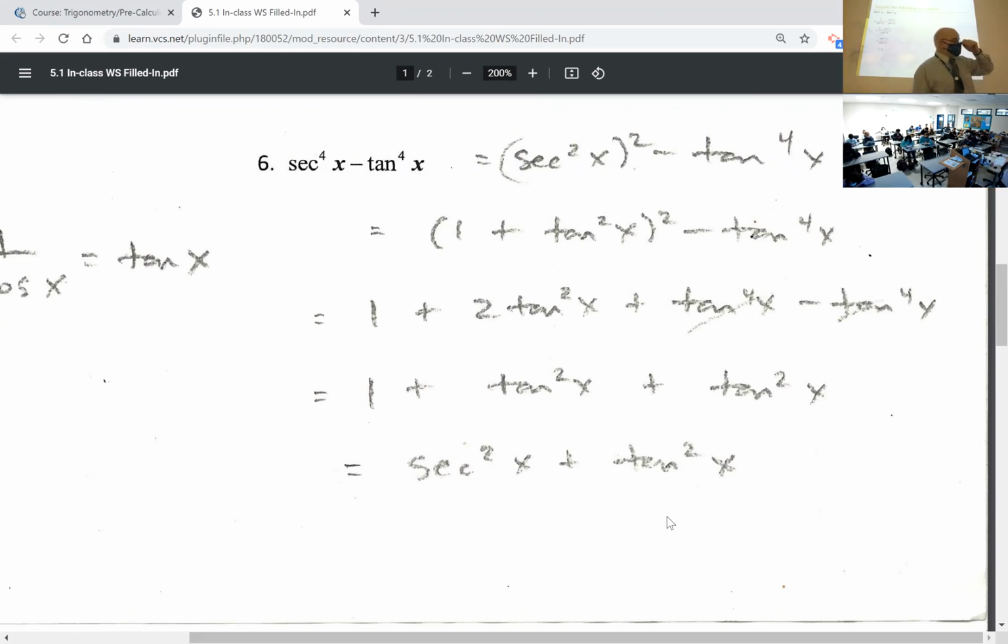I'm not going to have one quite this tough on the test or anything, but just showing you how it works. Secant squared x squared minus tangent to the 4th. We'll just deal with that later. 1 plus tangent squared x squared. So I did a Pythagorean substitution here.